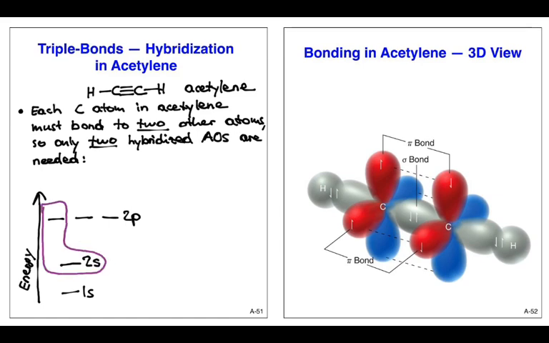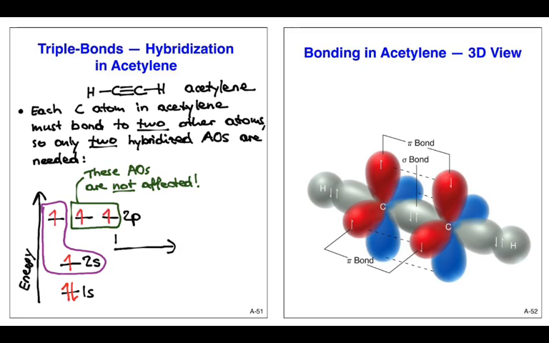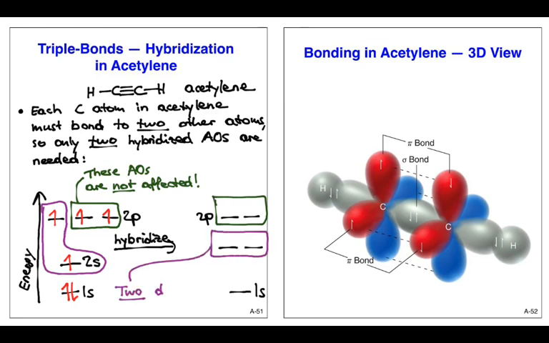Fill in the electrons. We leave two of the p orbitals unaffected, and we mix one of the s orbitals with one of the p orbitals. Here are the electrons. We hybridize it. We get the unaffected orbitals back, right? And then we get two degenerate sp orbitals. And here are the electrons, right?